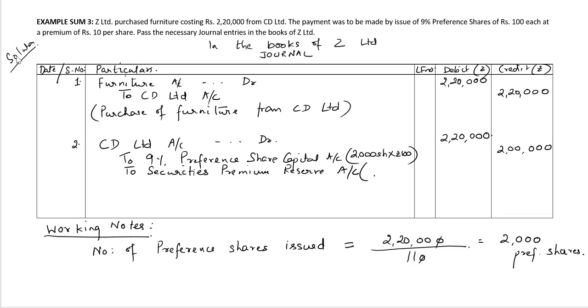And again, against securities premium reserve, we'll write 2,000 shares multiplied by rupees 10, which is the premium per share, comes up to 20,000 rupees.